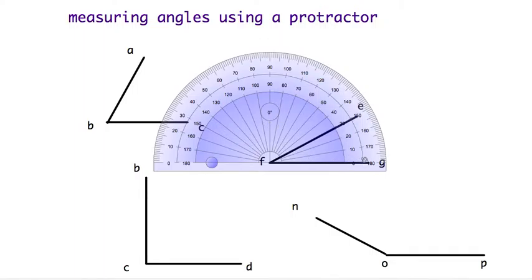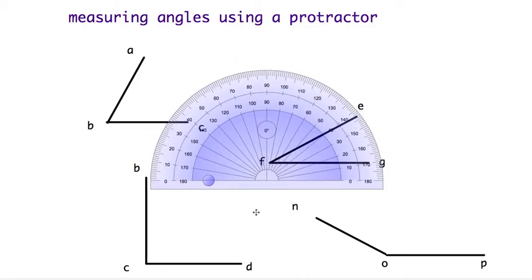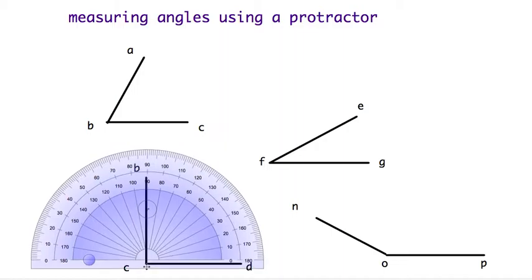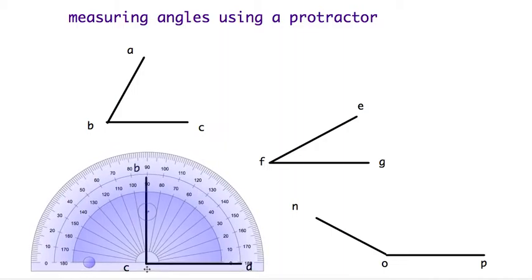So I'm going to measure from 0 all the way using the inside track. This angle measures about 30 degrees. Moving on to our next angle. What would you guess this is? I bet if you guessed 90 degrees, you would be correct. From 0 all the way to here is 90.